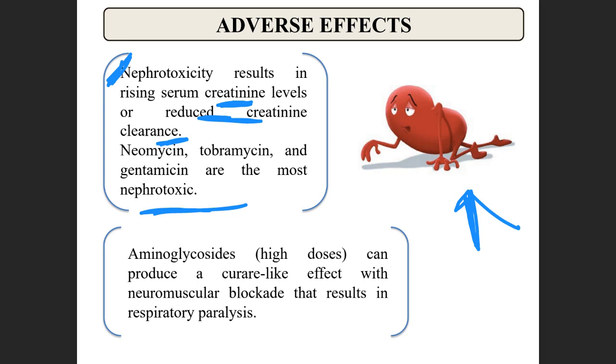An aminoglycoside at a high dose can produce a curare-like effect, which is neuromuscular blockage, and that results in respiratory paralysis. So in the neuromuscular process, the patient has relaxation of muscles, and then it will cause issues.